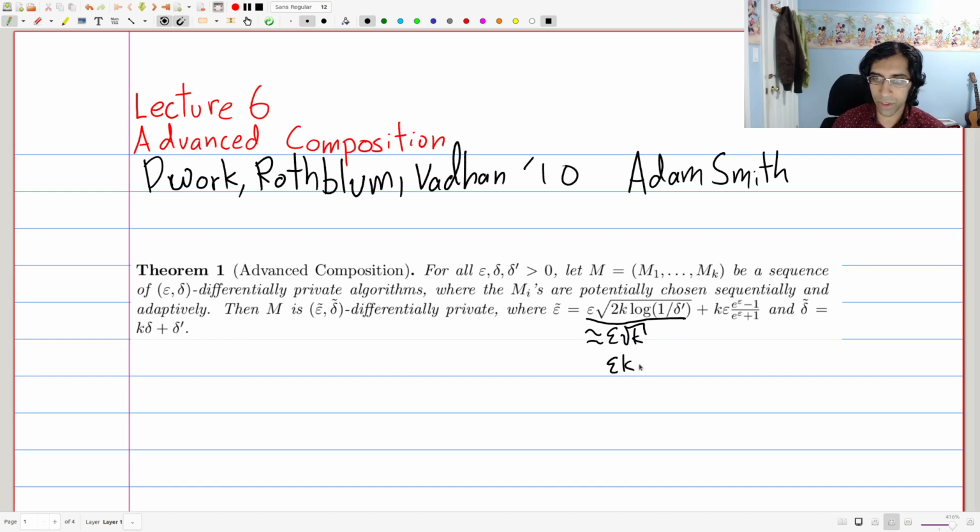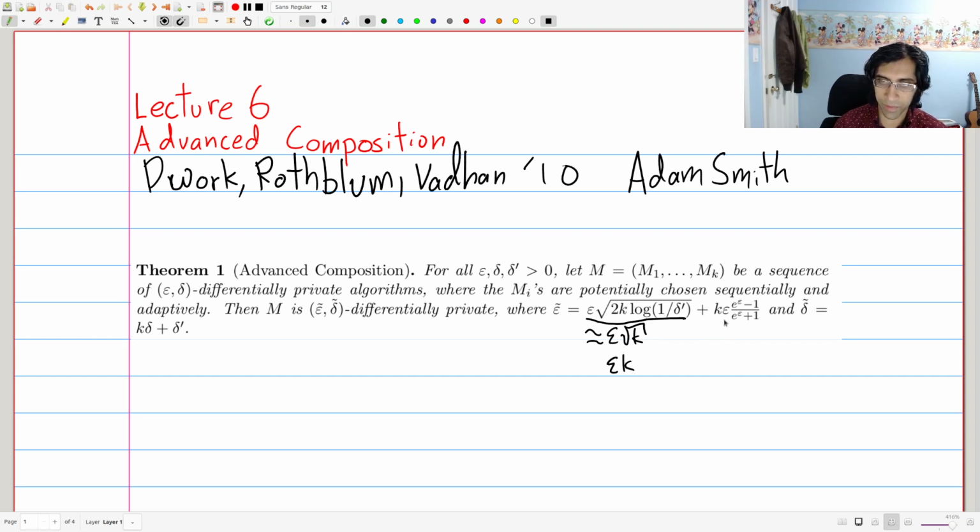So this shows that you can do quadratically better when it comes to the cost of doing k analyses on the same data set than the naive approach would give you. So this factor of square root k is very important when you're doing many analyses in practice. This is basic composition versus advanced composition, epsilon square root k.